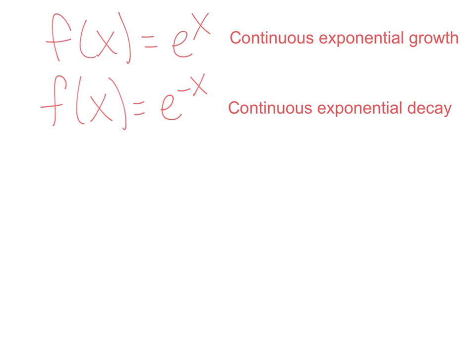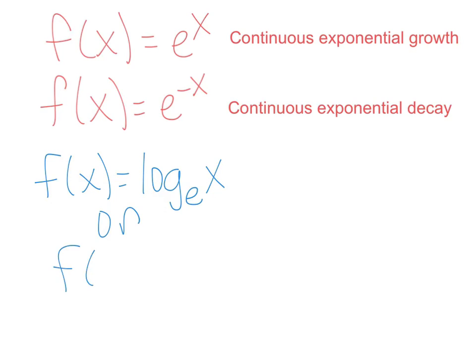This can be written as f of x is equal to log base E of x, or as f of x equals ln of x. And these two things mean exactly the same. It's just two different ways of writing it.